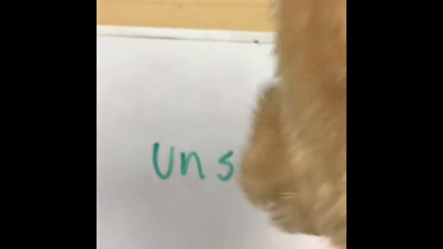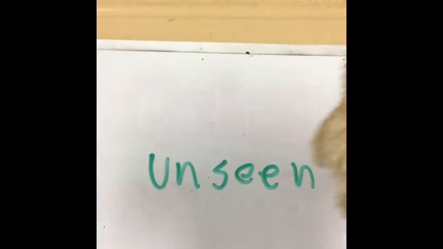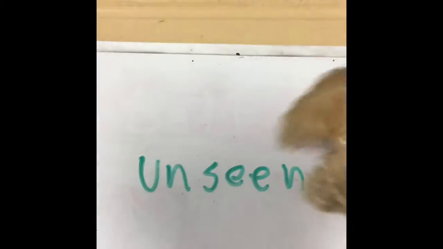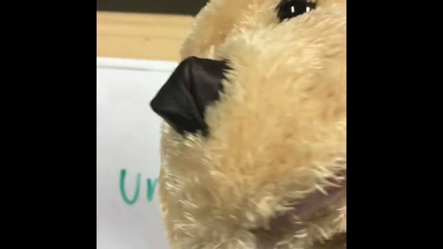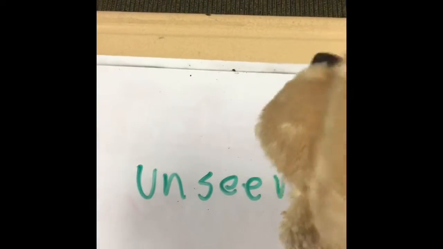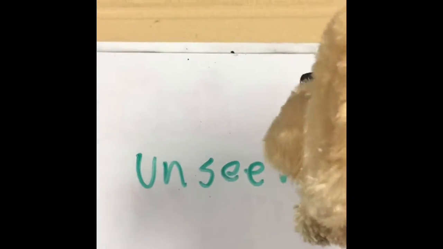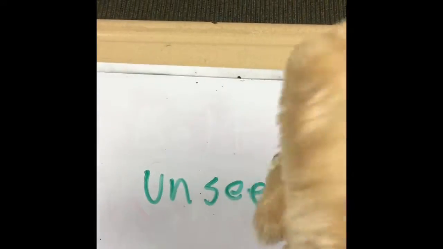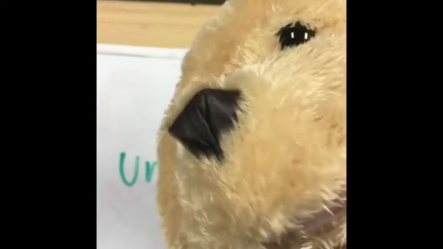That's right. The prefix in this word is un. Now, we know seen means to see something with your eyes. So, we know the prefix un means not or opposite of. So, what do you think unseen means? That is correct. It means to not see. You see what happens when you use a prefix in a word?